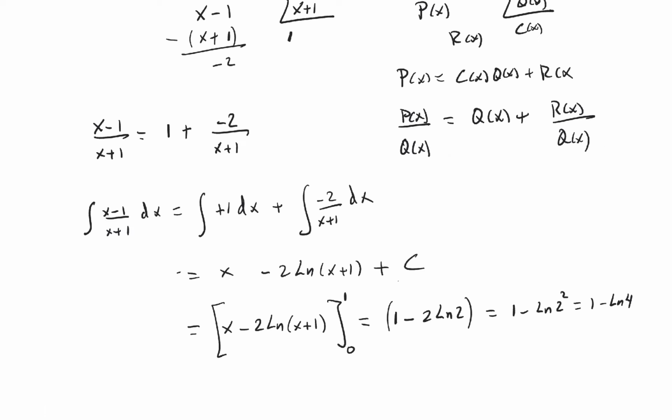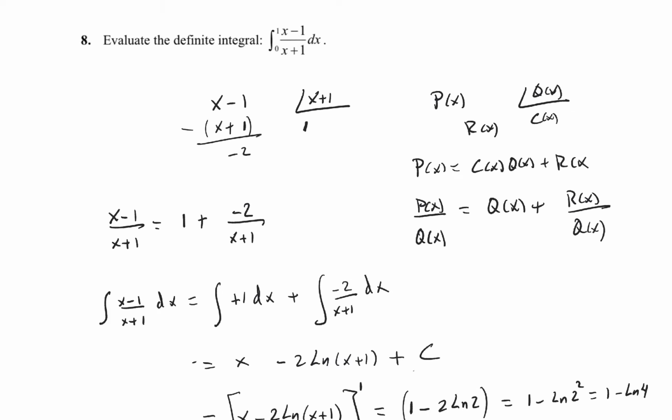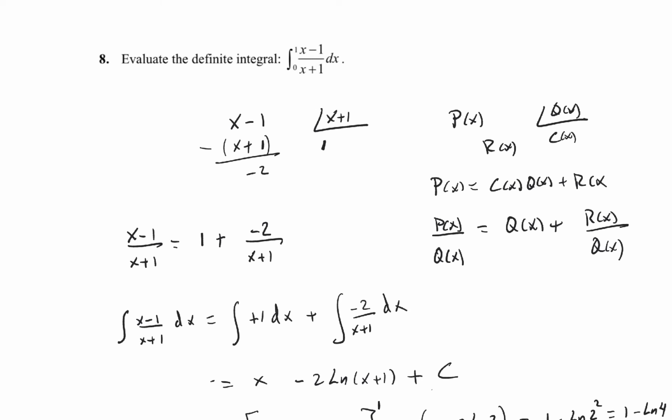Okay, let's go to the next problem. The next problem is about the integral of a quotient, a division of two polynomials. The first polynomial is x minus 1, the second polynomial is x plus 1.